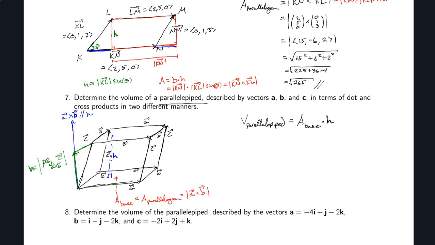So that's how we're going to start building up this computation. The area of the base is the magnitude of A cross B. And the height is the magnitude of the projection of C onto A cross B.